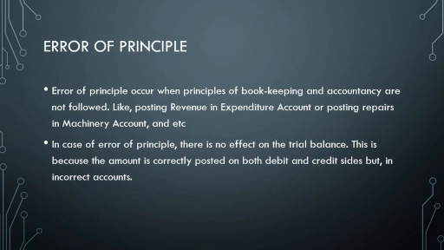In case of error of principal, there is no effect on the trial balance. This is because the amount is correctly posted on both debit and credit side, but it is posted in incorrect accounts. So it is very hard to detect such type of error by the auditor.